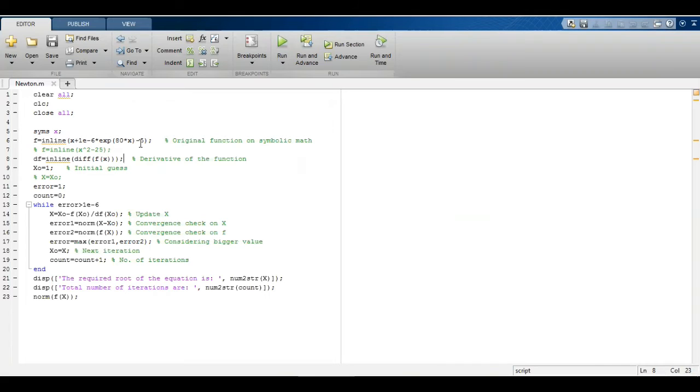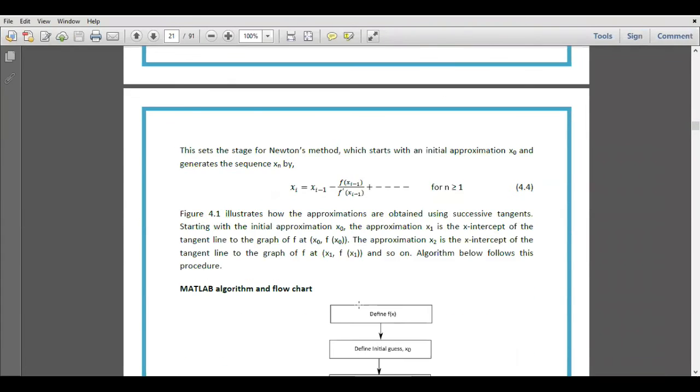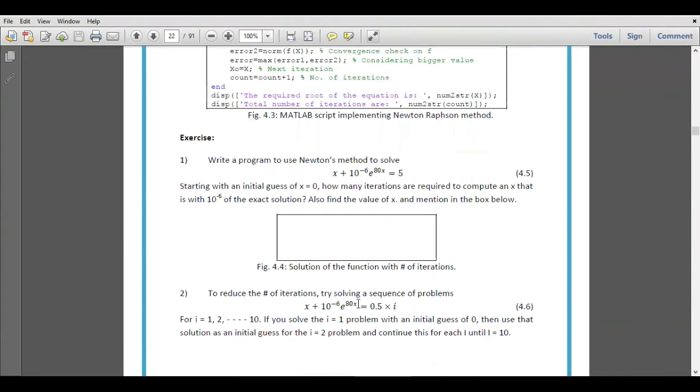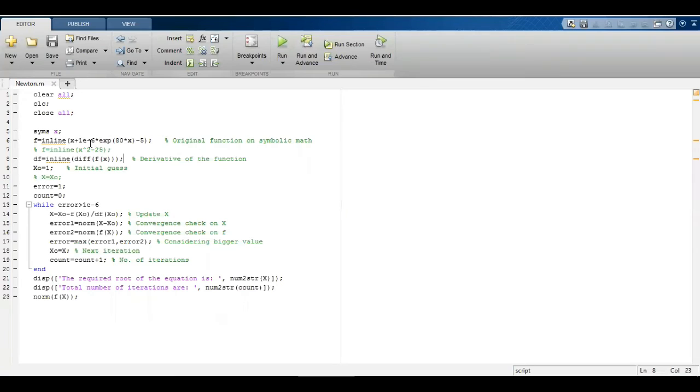The actual form of this mathematical function is shown over here: x plus 10 raised to power minus 6 exponent 80x equal to 5. This is the same expression, but this 5 at the right hand side is shifted towards left. So it will become minus 5 and right hand side will become equal to 0. So x plus 10 to minus 6 exponent 80x minus 5. This is the derivative of this expression.